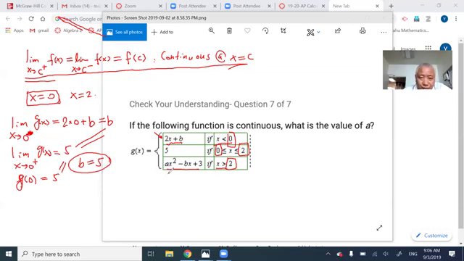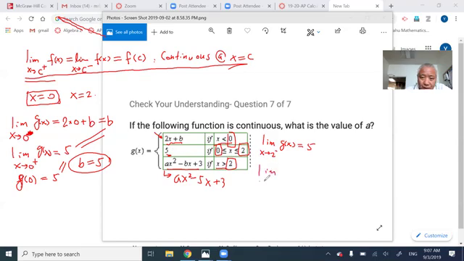So after we find b equals 5, we know this piece of the function is ax squared minus 5x plus 3. Now we apply the definition of continuous at x equals 2. The limit as x approaches 2 from the left side of g(x): from the left side of 2 we use this piece, which is 5.